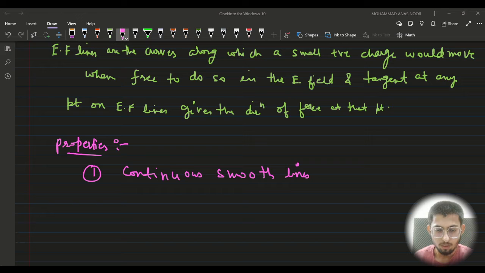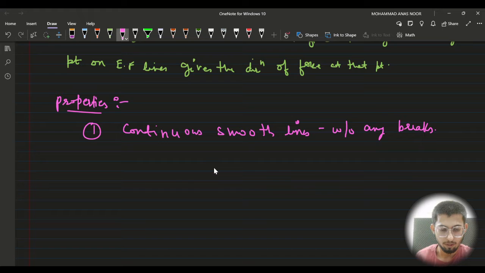It means that they do not break in between, without any breaks. So there cannot be an electric field like this, because it is breaking here. This is wrong.